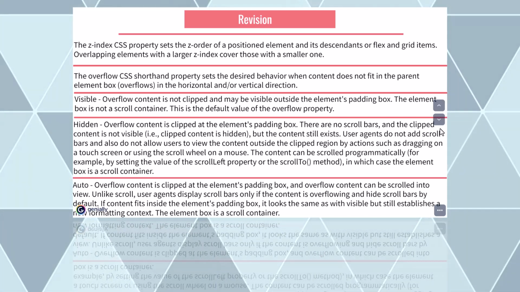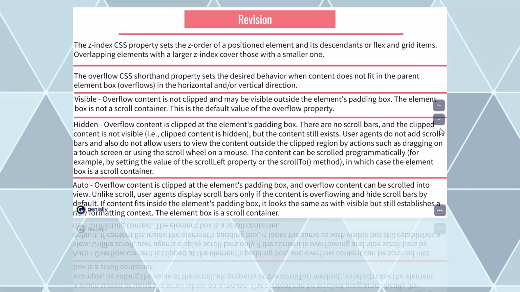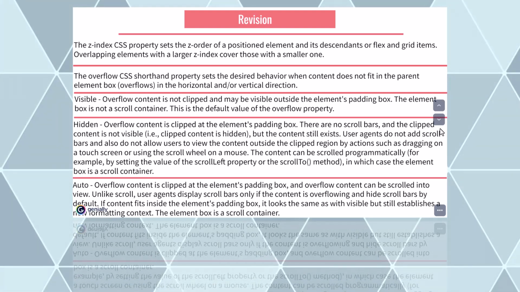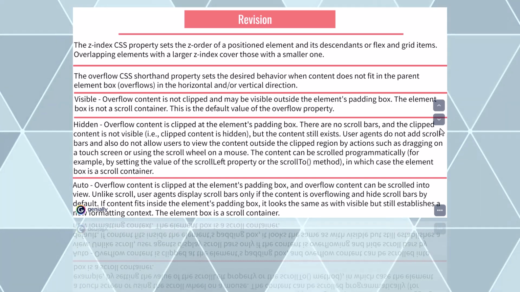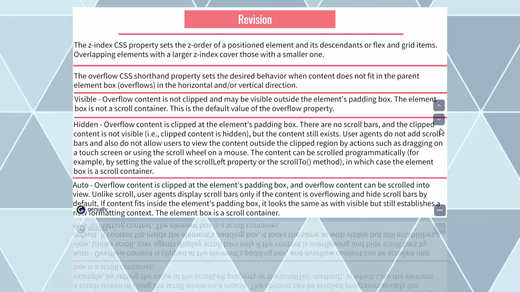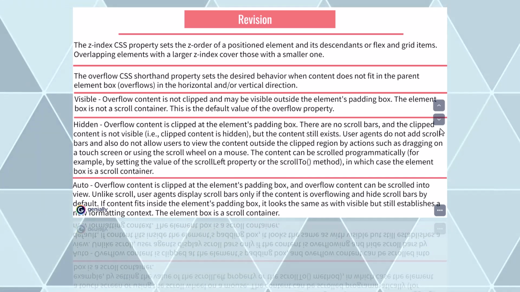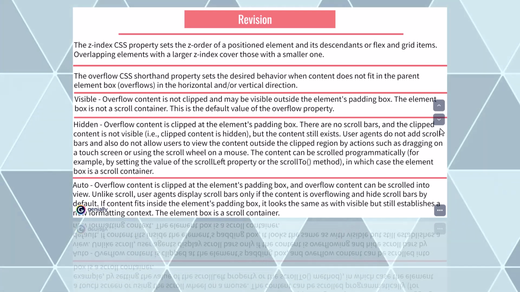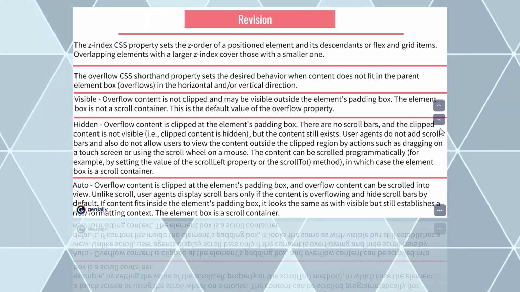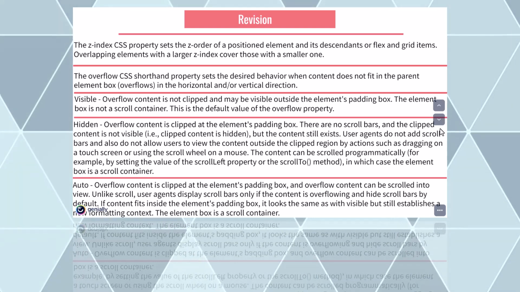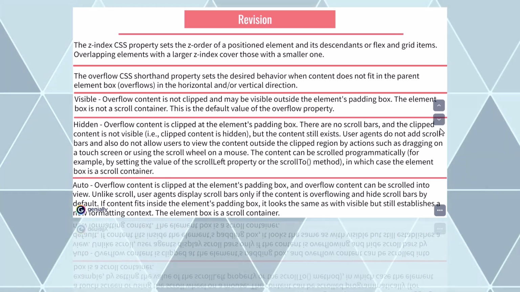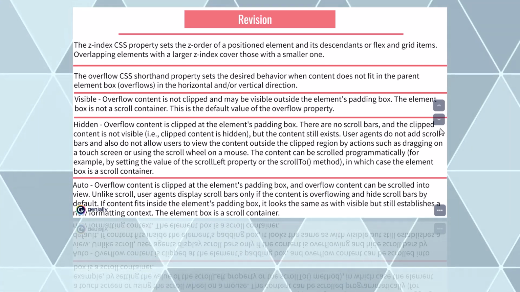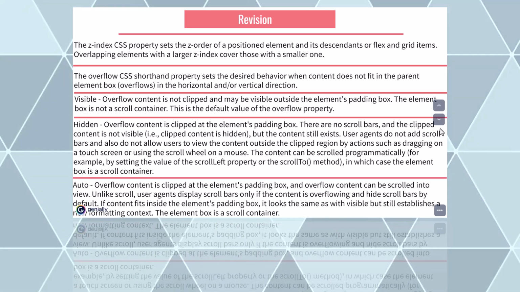The overflow property sets the desired behavior when content does not fit in a parent element's box, overflowing in the horizontal and/or vertical direction. Cindy. Visible: overflow content is not clipped and may be visible outside the element's padding box. The element box is not a scroll container. This is the default value of the overflow property.